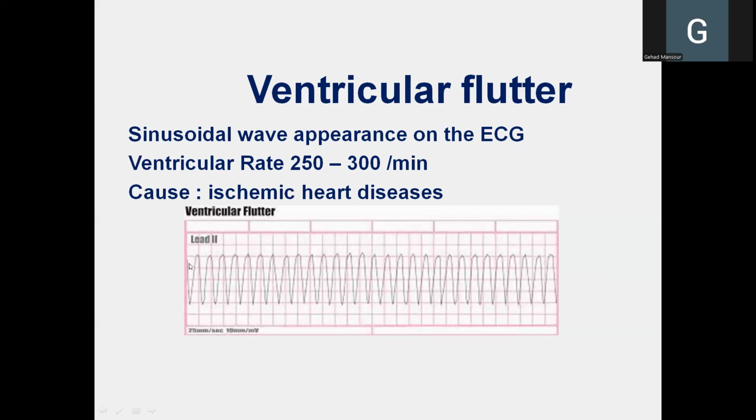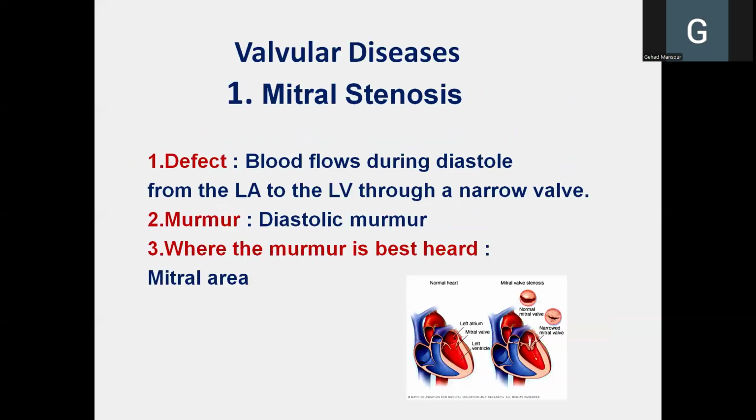So you have 30 QRS complexes per 30 big squares, which means 30 QRS complexes per 6 seconds, which means 300 per 60 seconds, which means 300 per minute. So the rate is 300 per minute, and this is how we calculate the heart rate when we have an irregular heart rhythm.